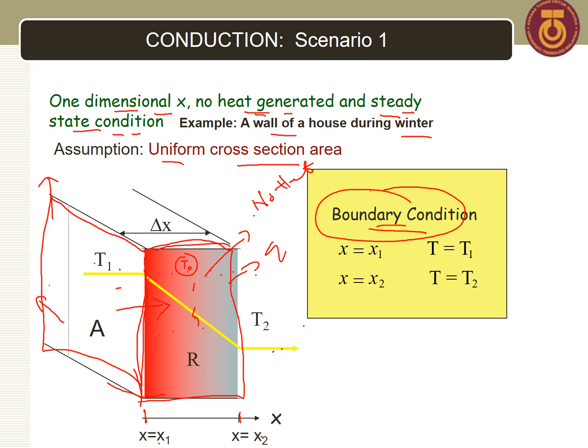In this case, our boundary is from x1 to x2, and at x1 the temperature is T1, at x2 the temperature is T2. So these are the background for this scenario.